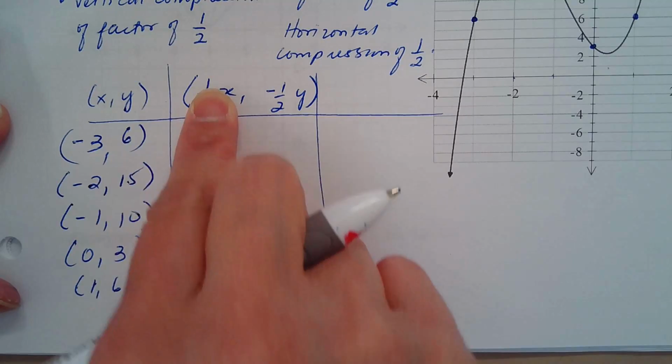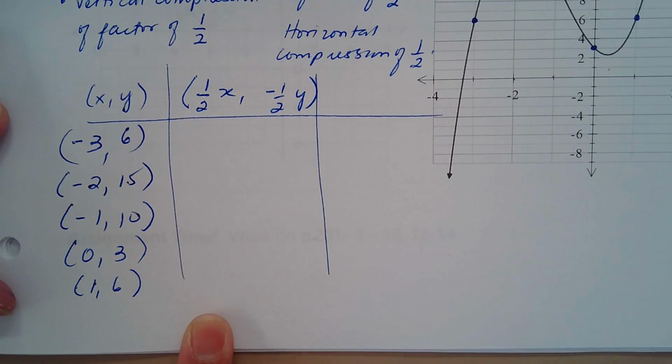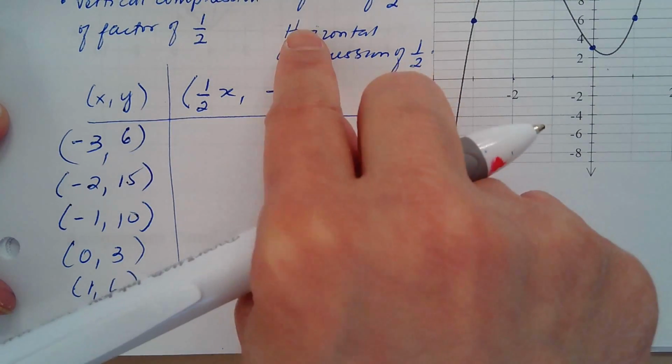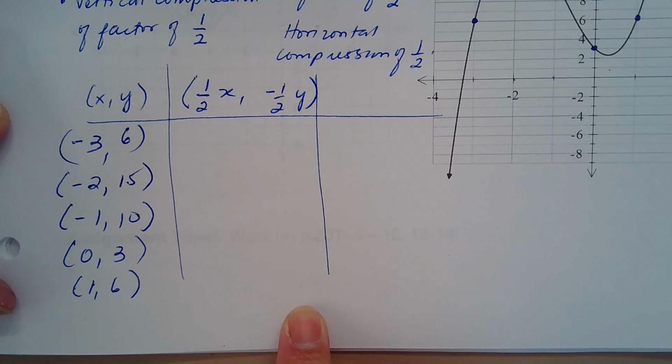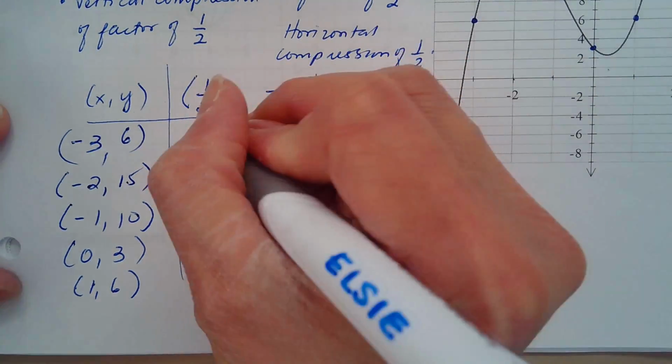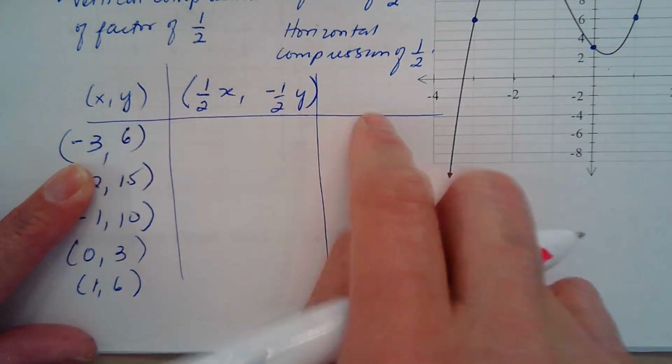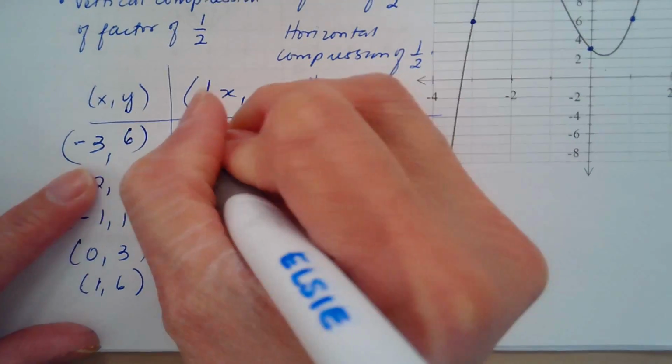Okay, so the x coordinates are being multiplied by 1/2, and the y coordinates are being multiplied by negative 1/2. I'll start with the x's so that I don't go back and forth.